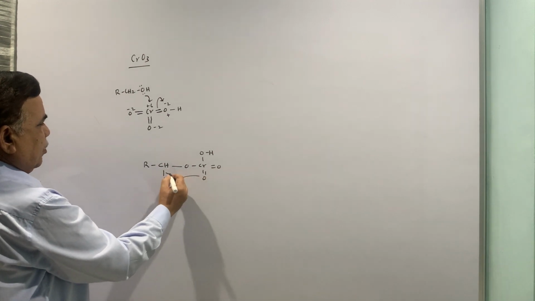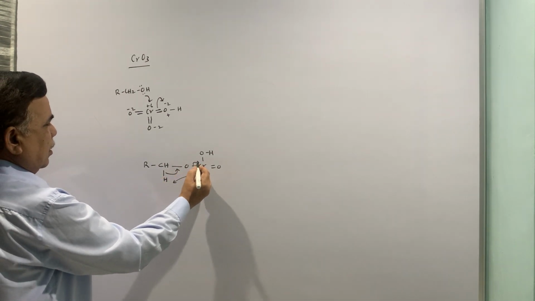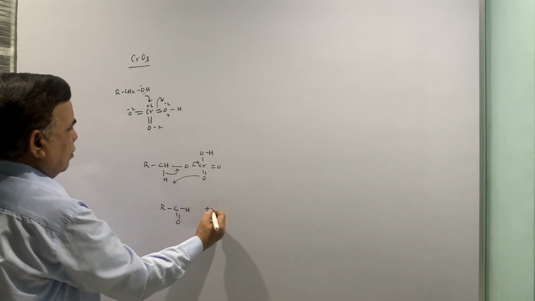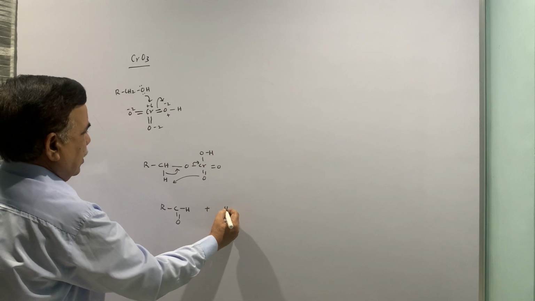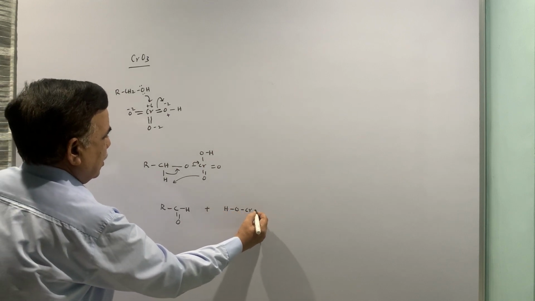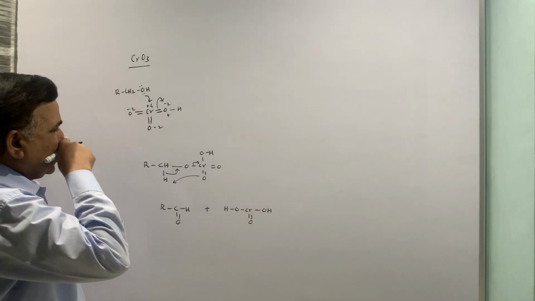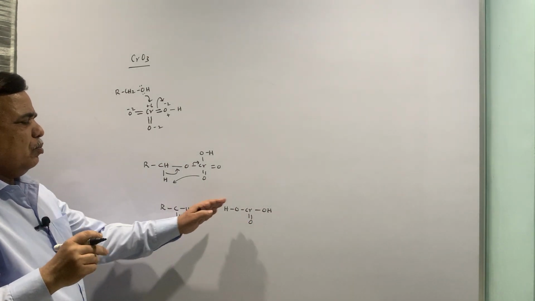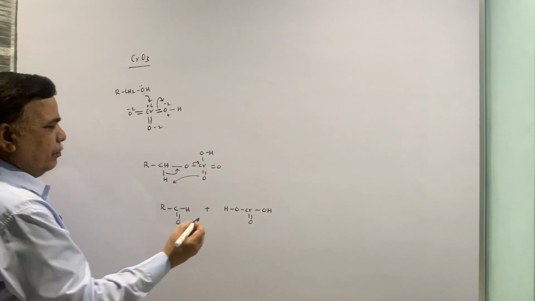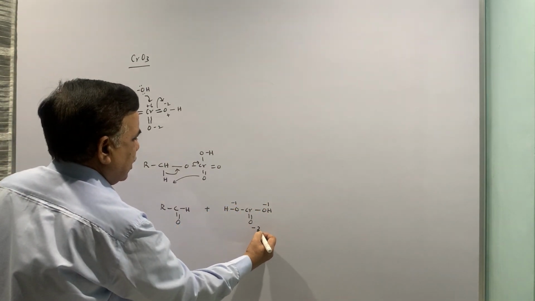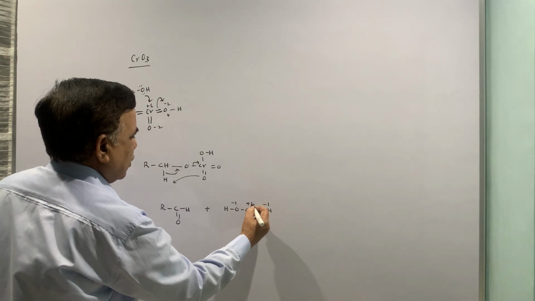This will take up the proton, and ultimately what we have, CH double bond O, HO, Cr, OH, OH. This is H2CrO3.